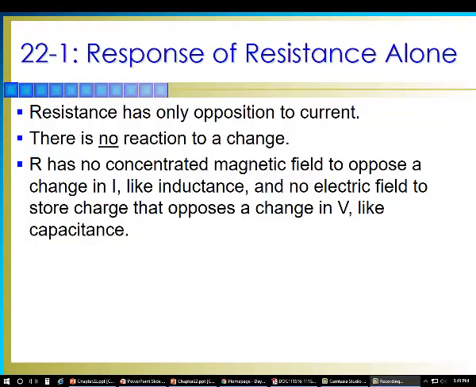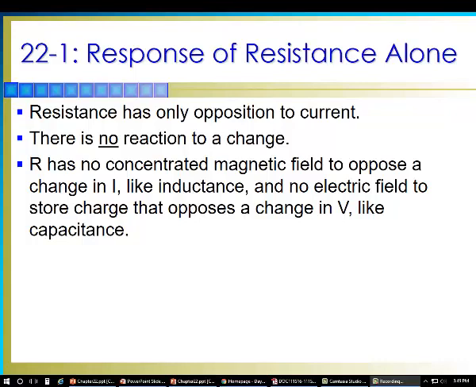As we know from previous lectures, resistance has only opposition to current. There is no reaction to changes. A resistor has no concentrated magnetic field to oppose a change in current like inductance, and no electric field to store charge that opposes a change in voltage like capacitance.